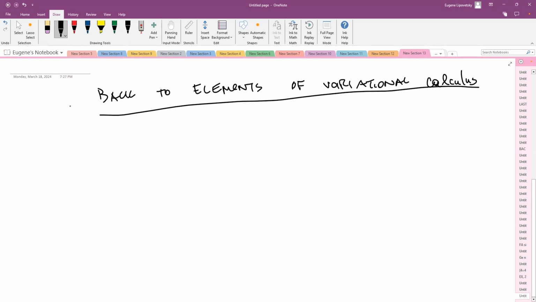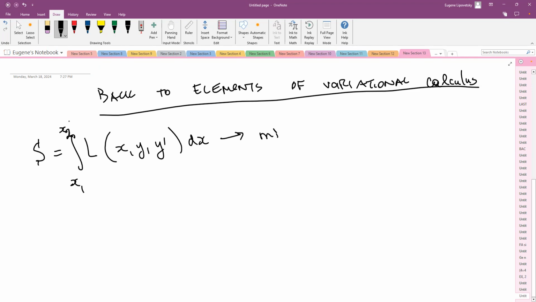Recall we want to have S, which is the integral from x1 to x2 of L of x, y, and y prime dx to go to minimum with boundary conditions of y of x1 equals y1 and y of x2 equals y2.